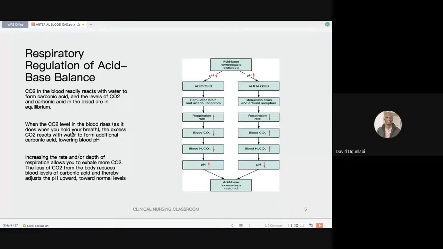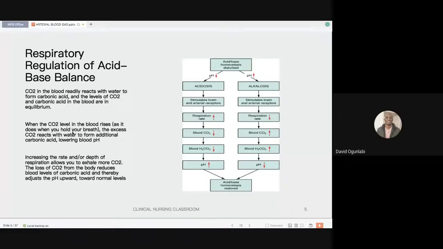Now, the second thing I will establish, I think I will talk about that later. The major thing I want you to understand here is the concept of CO2 and carbonic acid: CO2 interacts with water to form carbonic acid, so the level of CO2 can help you detect if the body is in a state of acidosis.